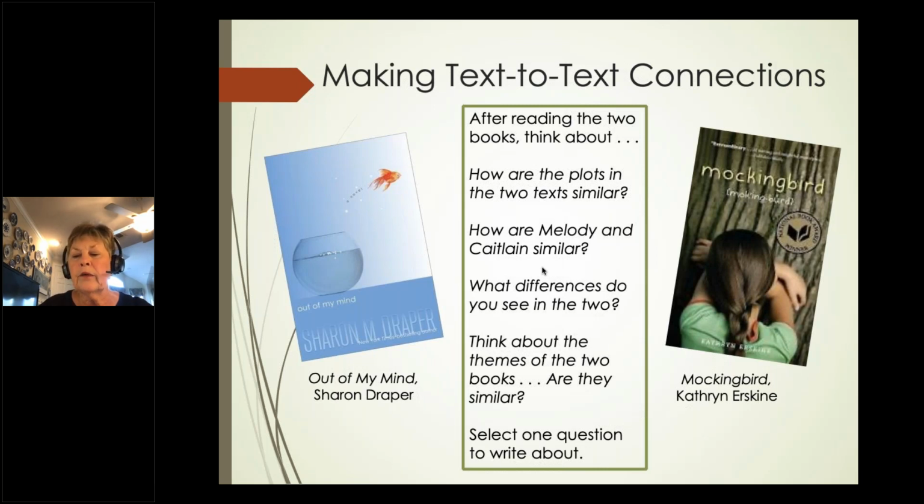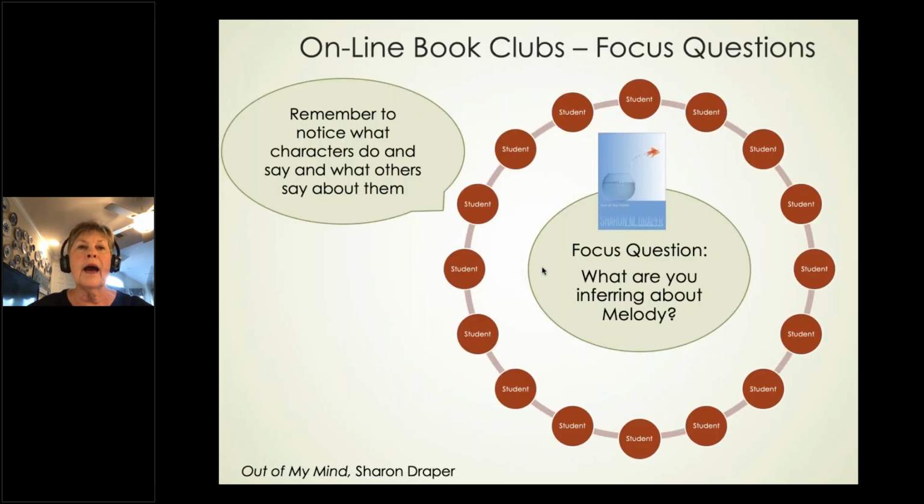When we do online book clubs, I wanted to back up and say that if you look at all the students around the focus question, there might be 4 of these satellites and 4 different texts.